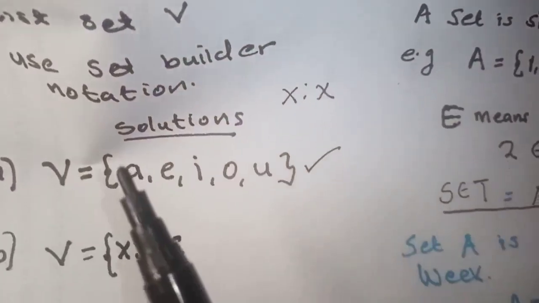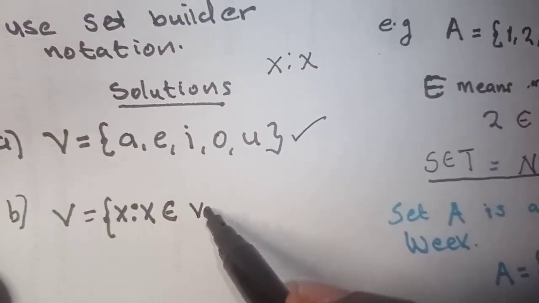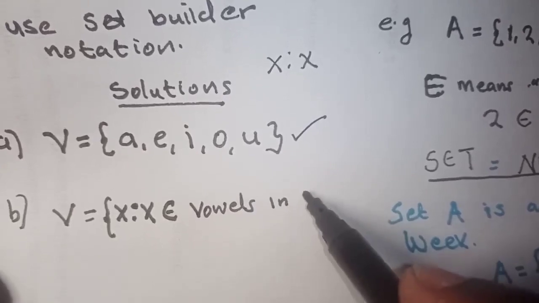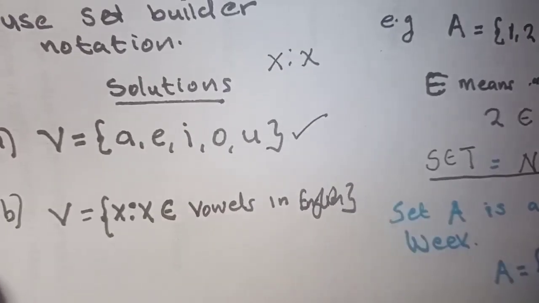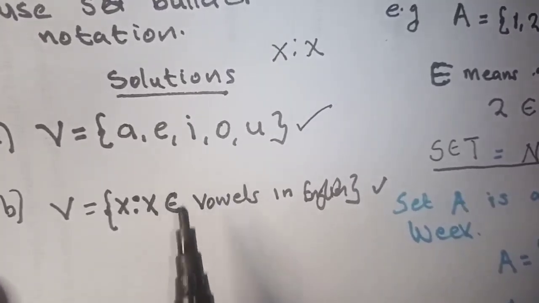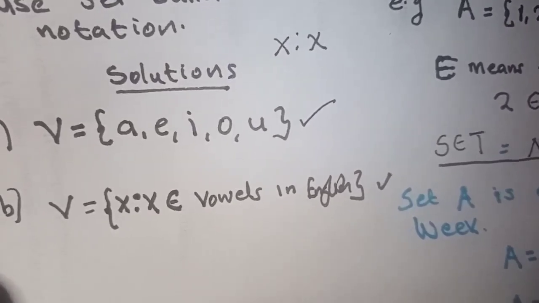So we're going to say x such that x is a member of vowels in English. So this is set builder notation, and this is listing. I hope you get an understanding.